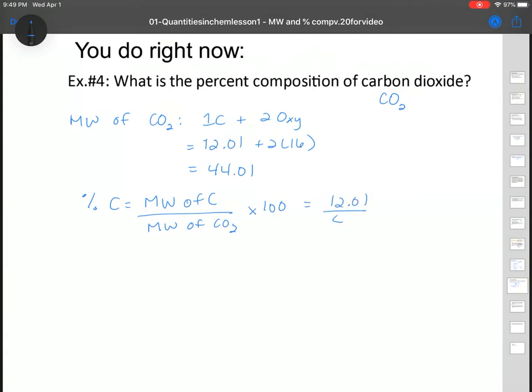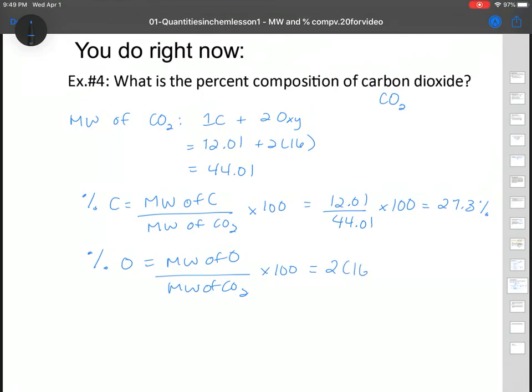I'm just going to keep going here to make sure that I don't run out of room. Okay, so when you do this, don't forget that you need to multiply the molecular weight of oxygen by 2 because there are 2 of them, okay?